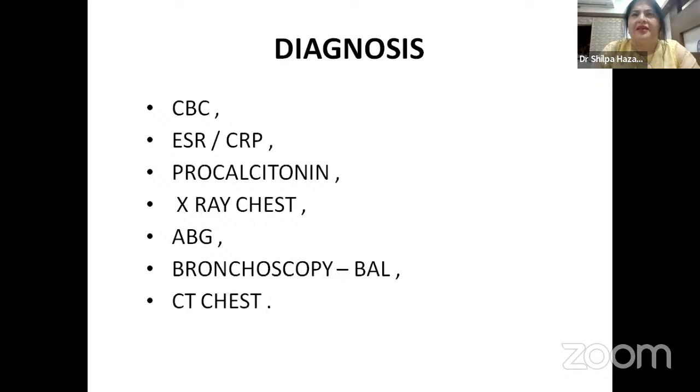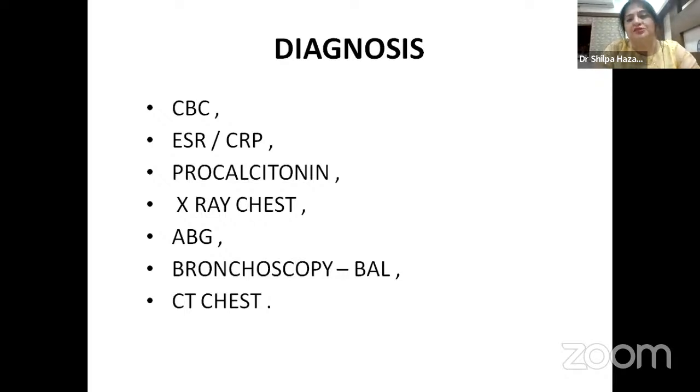Bronchoscopy, by and large in the acute stage, when somebody is aspirating for the first time, is not required, but especially if there is a recurrent history, recurrent cough or recurrent aspiration pneumonia, bronchoscopy becomes mandatory, because that BAL, which is sent for multiple tests, may give you a lot of information on how to go ahead with that child. And finally, CT scan chest.